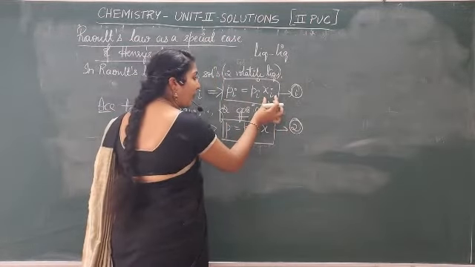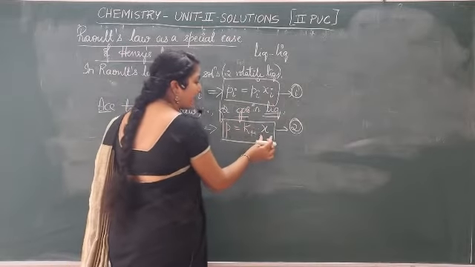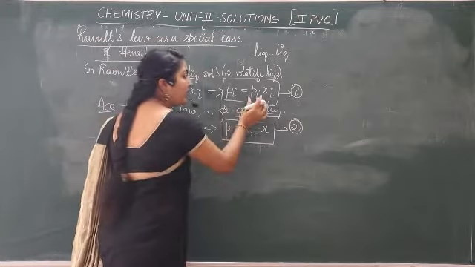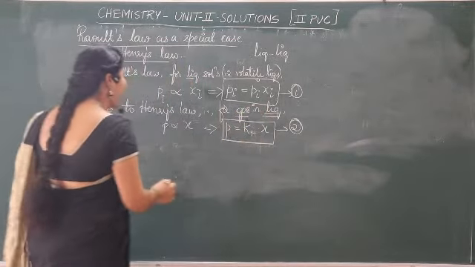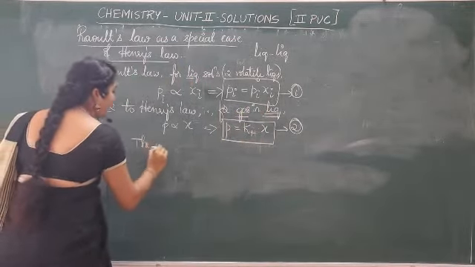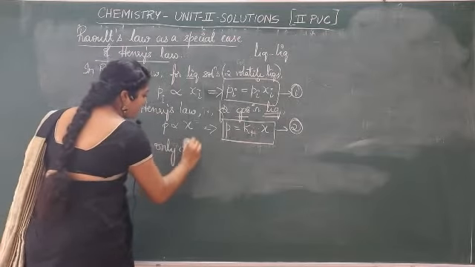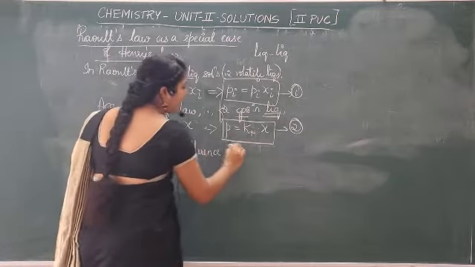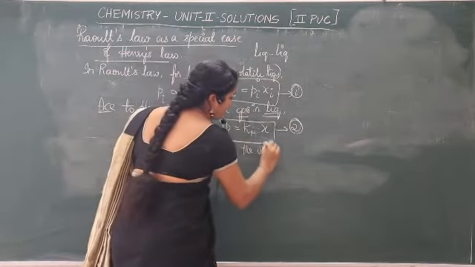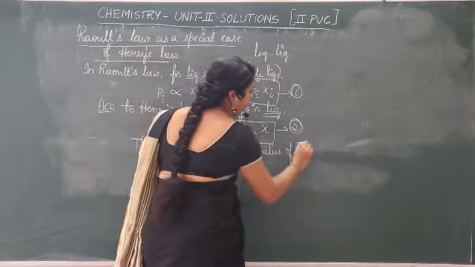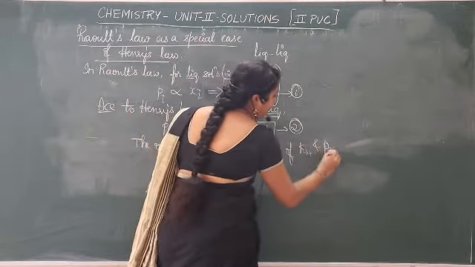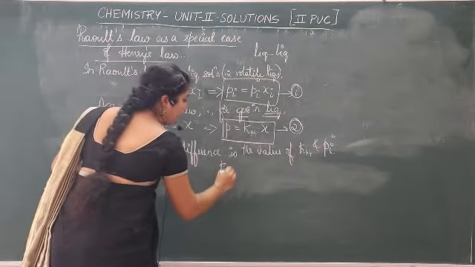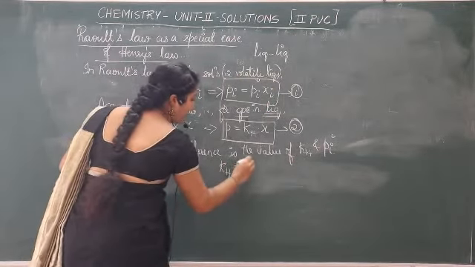Partial pressure is directly proportional to mole fraction. Here also partial pressure is directly proportional to mole fraction. The difference is in the constant values. That is the only difference, the value of KH and Pi naught. That is, KH is equal to Pi naught.